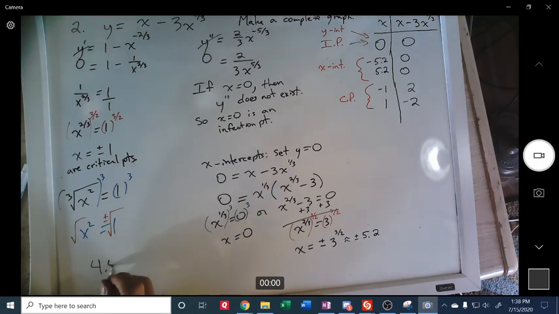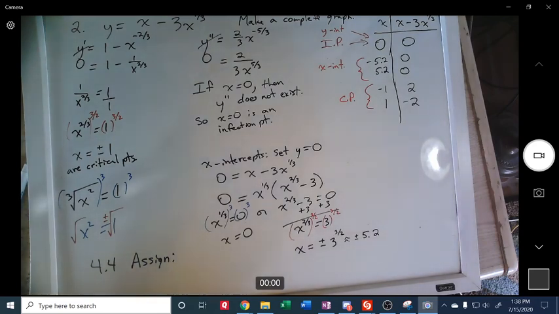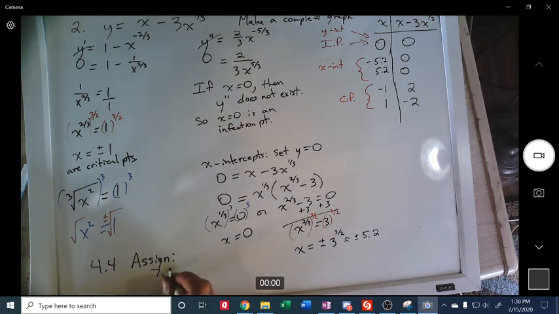Four point four assignment. Let's make it like about half these problems. Let's do 7, skip, go to 20, skip, go to 29, skip, go to 36, skip, go to 49.